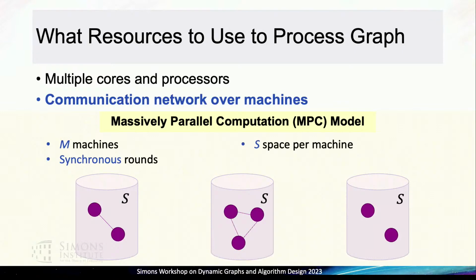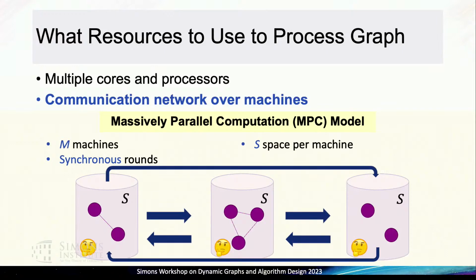Now, the machines each have S space. Generally, you want S to be linear in the number of nodes in your graph, not in the number of edges. And even better is when you have sublinear memory per machine, so sublinear in the number of nodes per machine. You can do some local computation in your machine, and the machines talk to each other via a fully connected communication network.